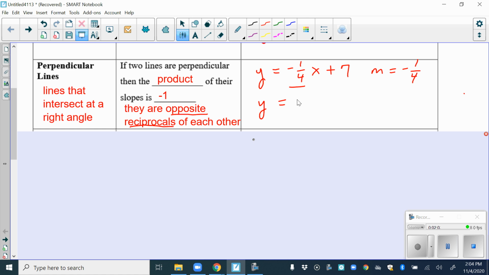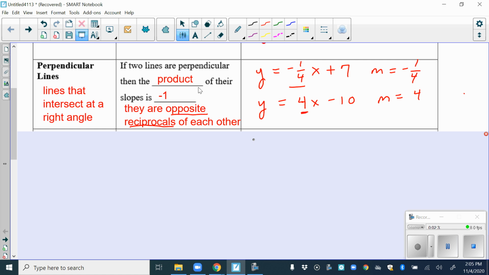It has to be opposite of that, which would be positive, and it's going to be that fraction flipped. If we take 1/4 and flip it, do the reciprocal, we get 4/1, or just 4. So the opposite reciprocal of -1/4 would be +4. And again, it doesn't matter what the y-intercept is. All we're concerned about here to decide whether it's perpendicular is the slope.